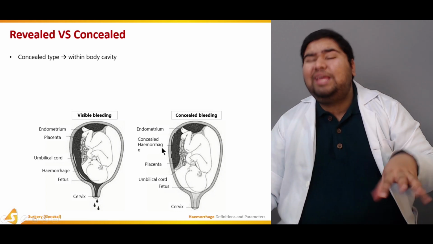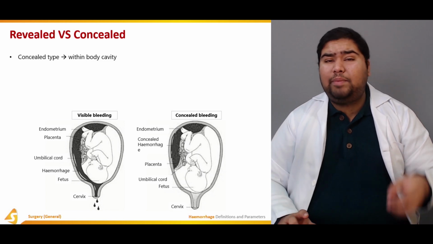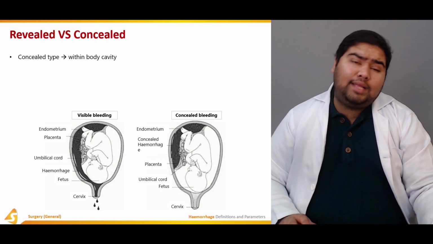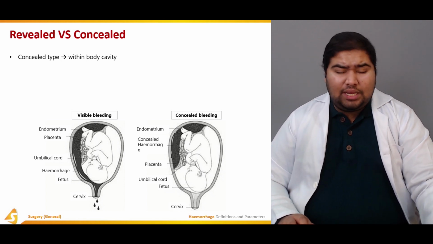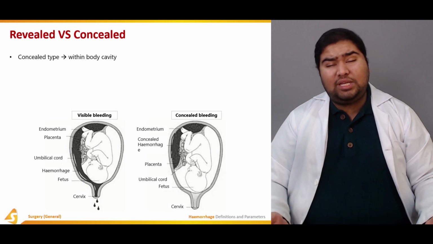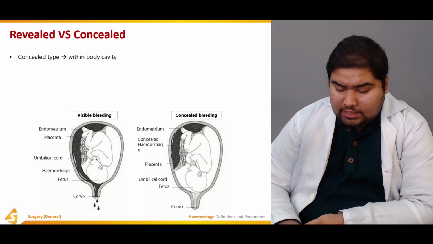The patient might feel some pressure or pain in that area, but you do not know why. You cannot see the bleeding. The bleeding is occurring within the body cavity, so this is a concealed type of bleeding.